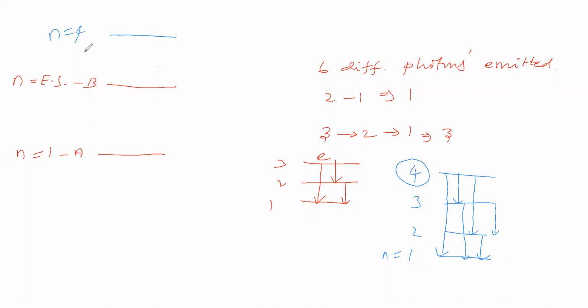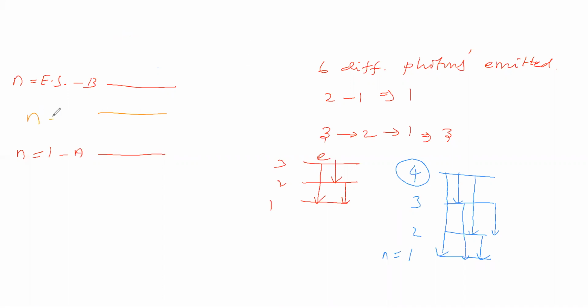Now, only 6 different photons they said. Suppose we take this 4 as less than B, it is one possibility.